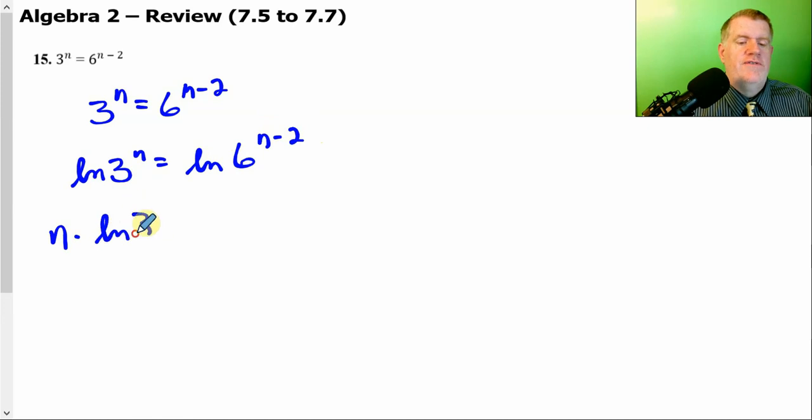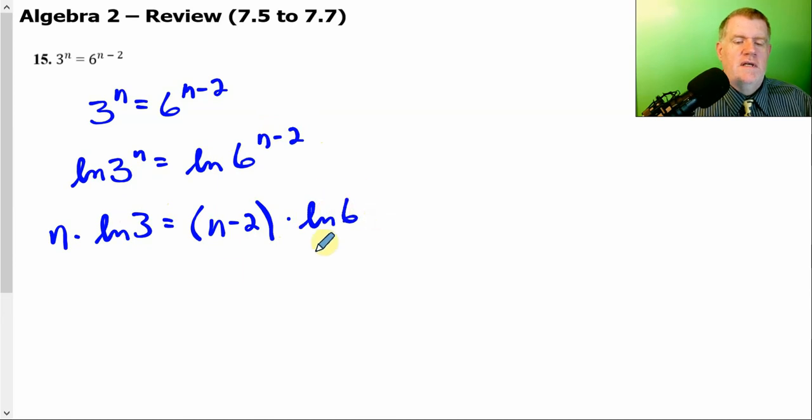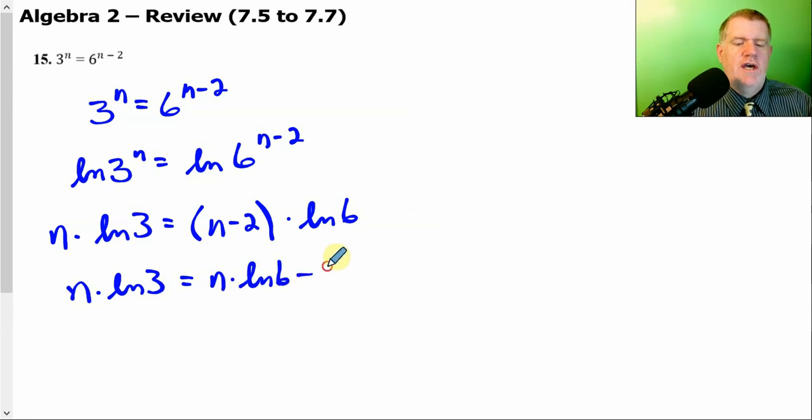All right, n drops in front. N minus 2 drops in front. Same as before. We're going to have to distribute this through. So n times natural log of 6 minus 2 times natural log of 6.